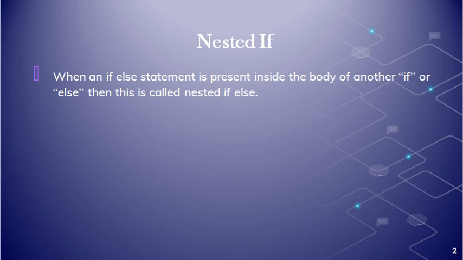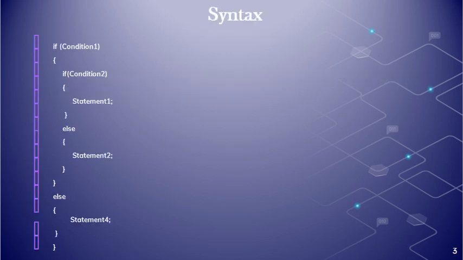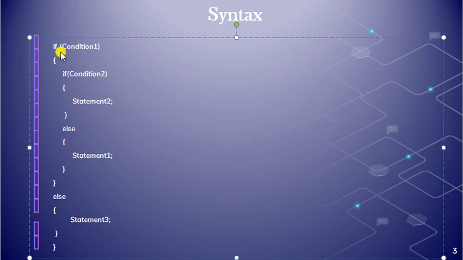Then we can see the syntax of a nested if statement. You see here, if condition 1, then inside that if statement we have another if statement, if condition 2. If condition 2 evaluates to true, then statement 2 will be executed, else statement 1 will be executed. That else belongs to this inner if statement.